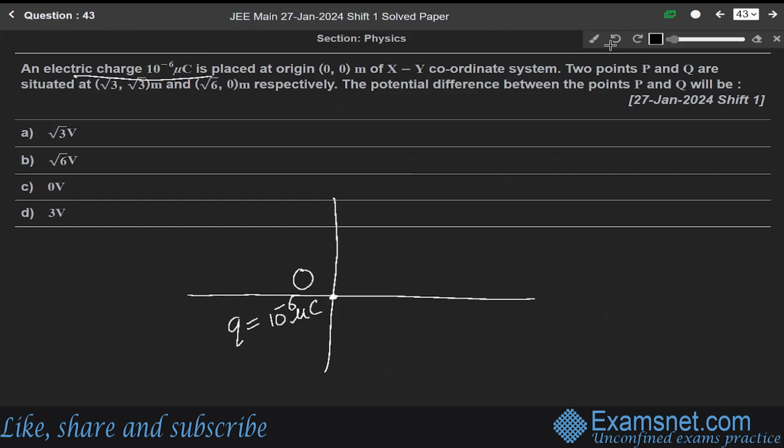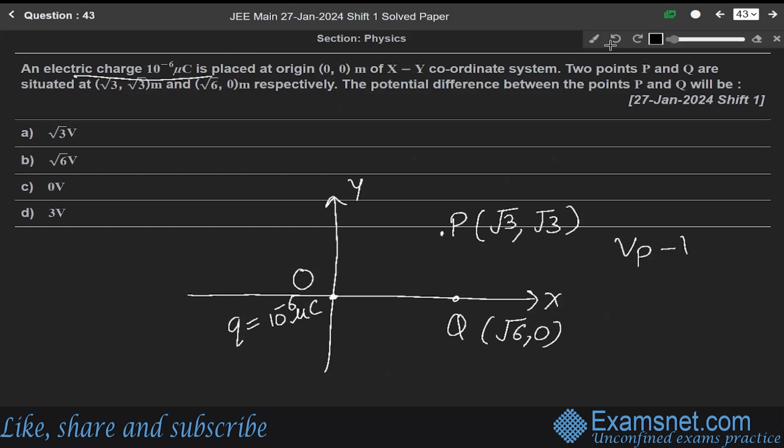In XY coordinate, two points P and Q are situated: let us say P has coordinates √3, √3 and Q has coordinates √6, 0. We have to find the potential difference between P and Q.